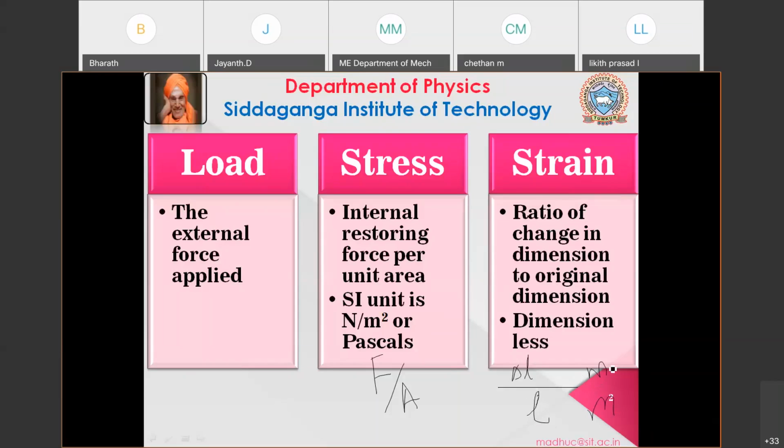So these two cancel, and it is a dimensionless quantity. Dimensionless means it has no unit. It is just a number. But stress is a dimensional quantity because it is Newton per meter square. So you need to know these three things.